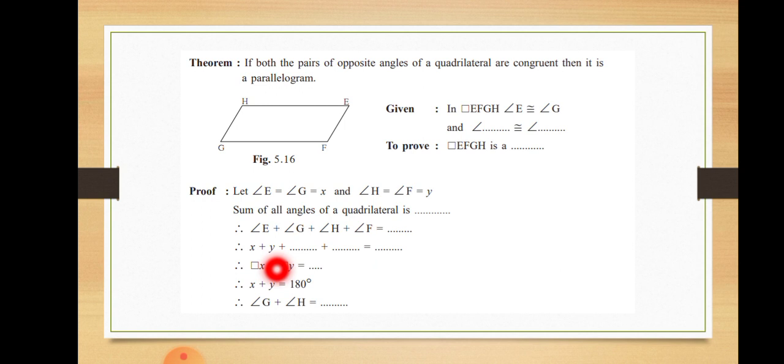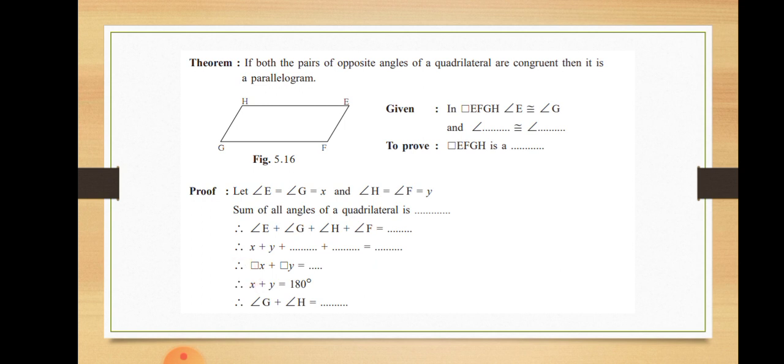Now put down the values here. X plus X plus Y plus Y equals 360 degrees. Next, 2x plus 2y equals 360 degrees. Then dividing this equation by 2, we get angle x plus angle y equals 180 degrees.